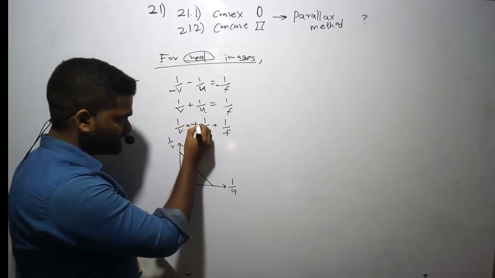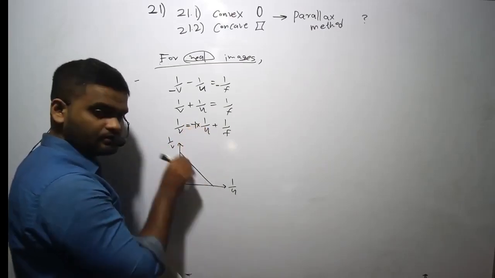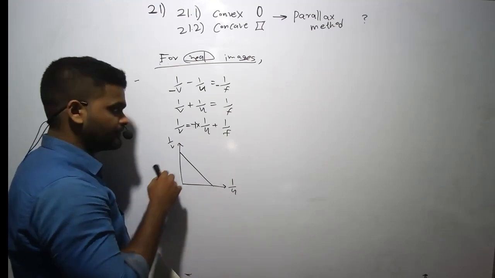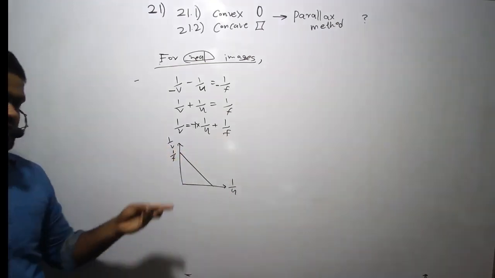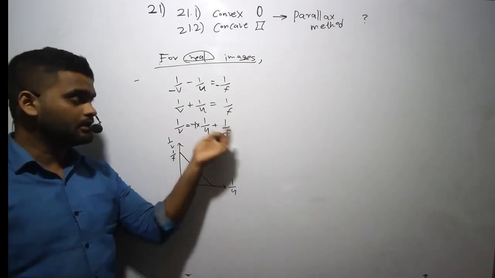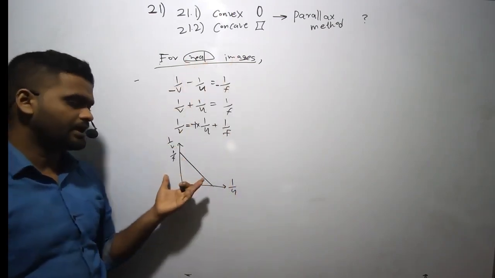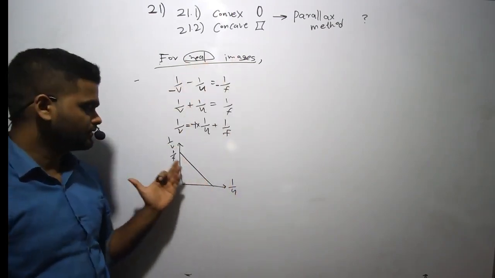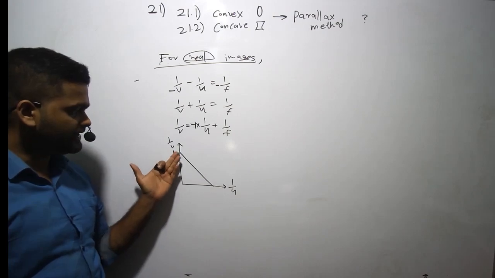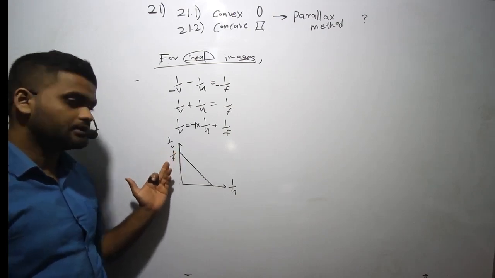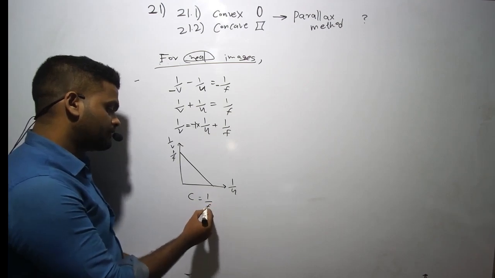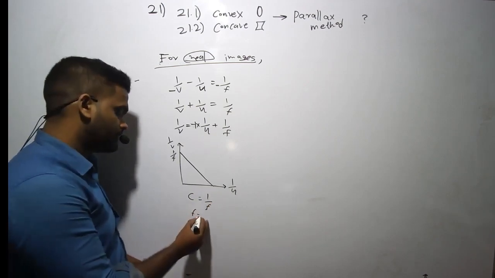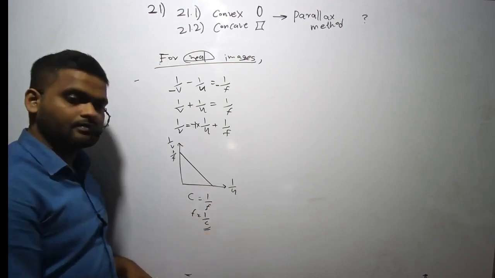Gradient is actually negative 1, and the intercept is positive, 1 over F. So as you are doing the experiment, if you only use the real images, you can draw this graph, get the intercept, and figure out a value for focal length.